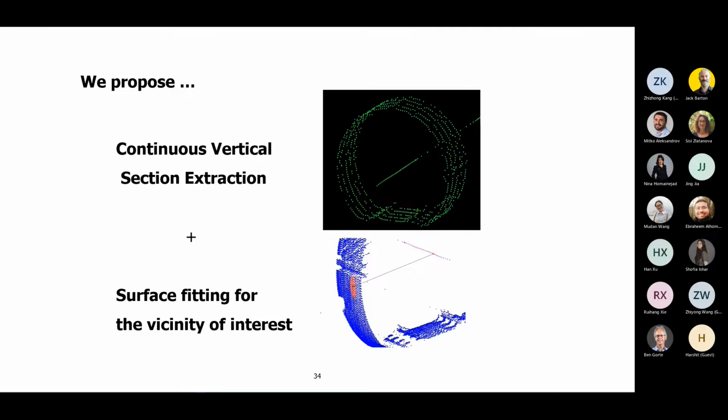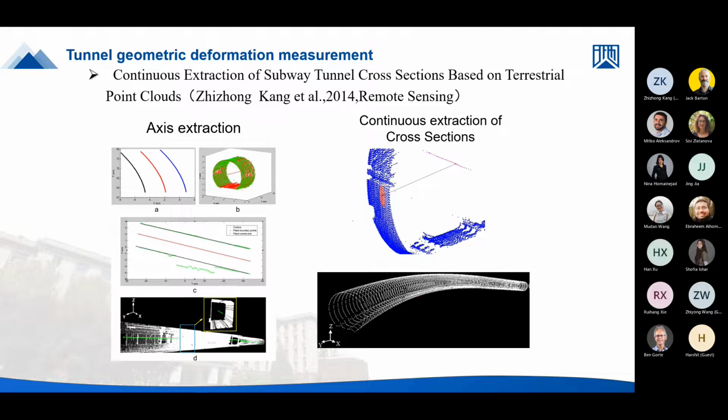So we propose to use the cross section to estimate the deformation of the tunnel. In this way, we need to extract the central axis of the tunnel and also the cross section of the tunnel. Next. Okay, this is the whole flow chart of the process.